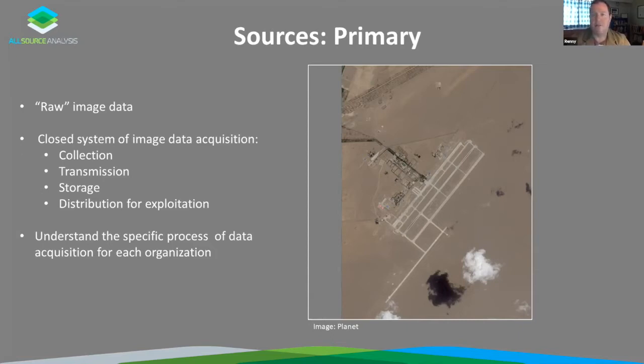It's not impossible to conceive of, say, a foreign government inserting a somehow false or fake image into a company's data acquisition process, but I've never heard of it, and it would be difficult to do at scale. And so I think for the most part, these raw sources of data, especially satellite image data, tend to be good primary sources of information.